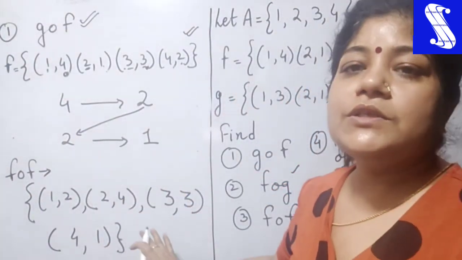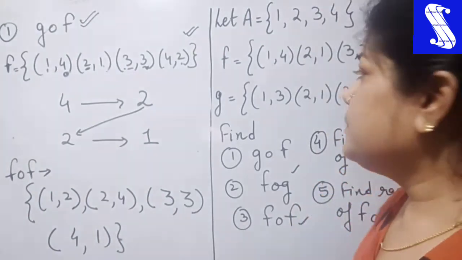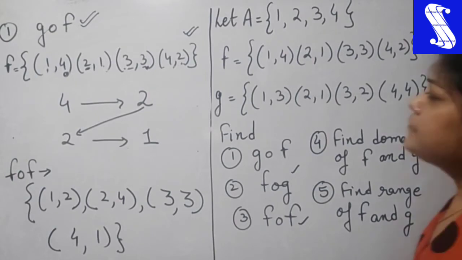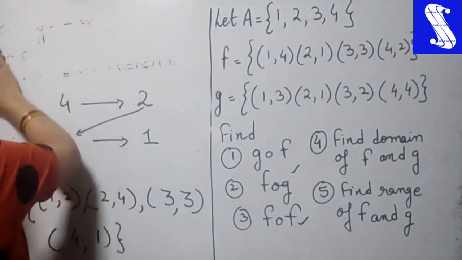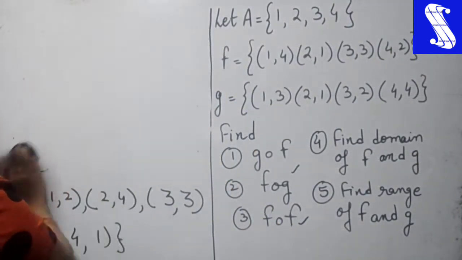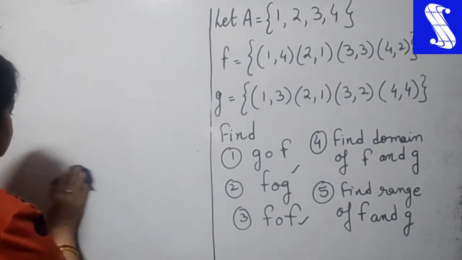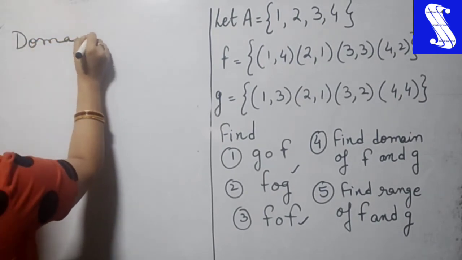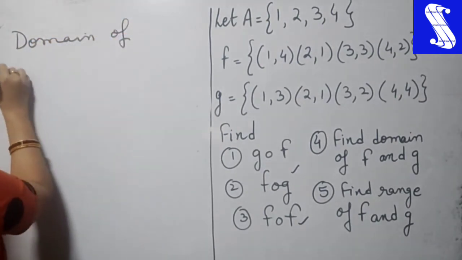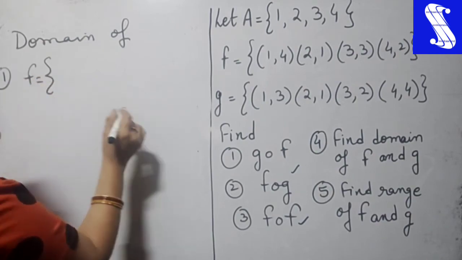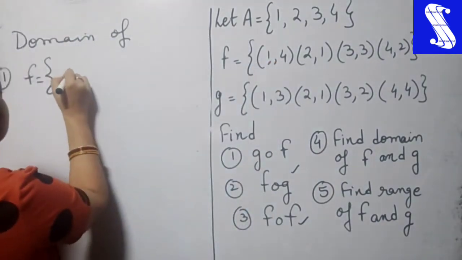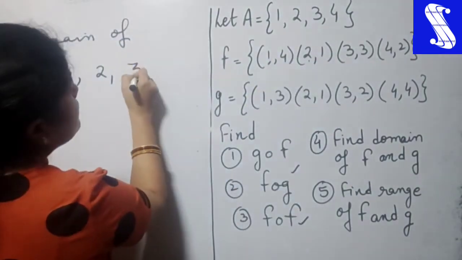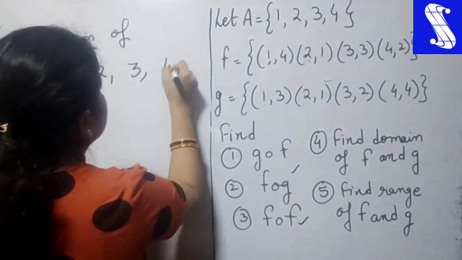Using this method you can solve any question of your textbook. Now next question: what is the domain of F and G? The domain is all the elements which come at the position of x. So the domain of F is 1, 2, 3, and 4.